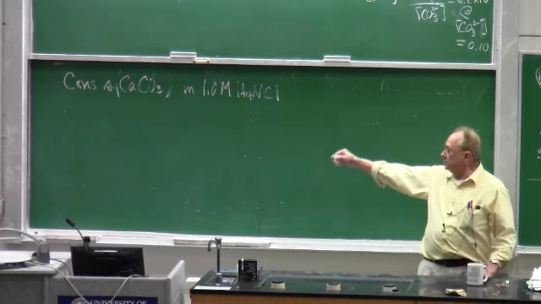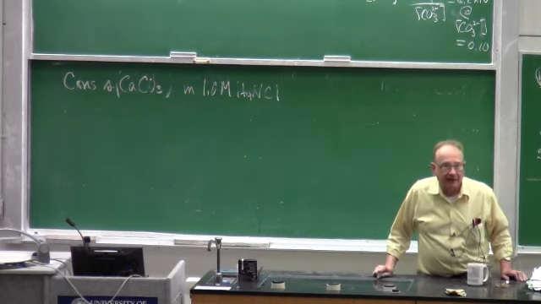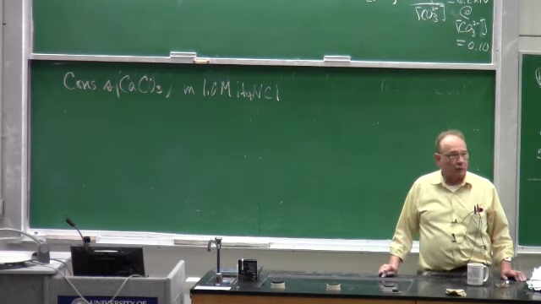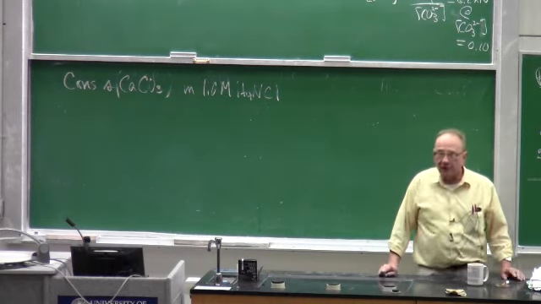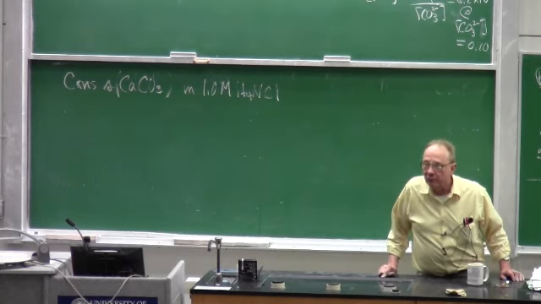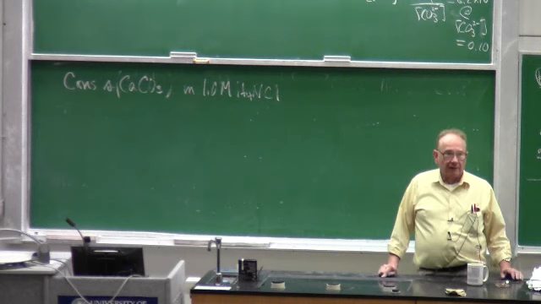Because in this solution, I have a high concentration of ammonium ion, which is an acid that's quite weak, but is nevertheless a stronger acid than water, and therefore attacks carbonate more effectively than water. So what do I do now?